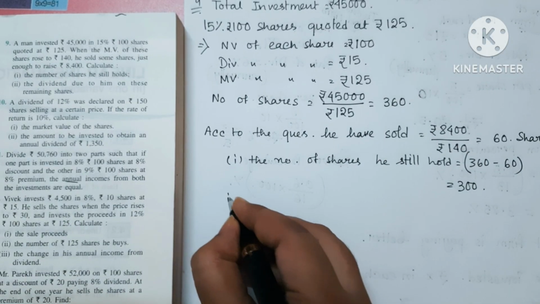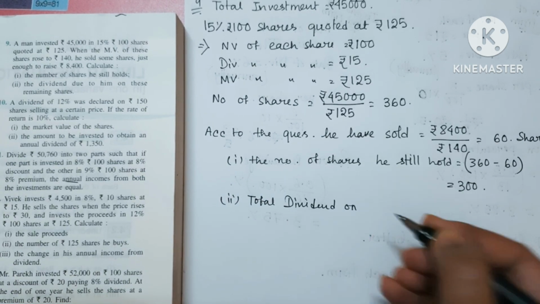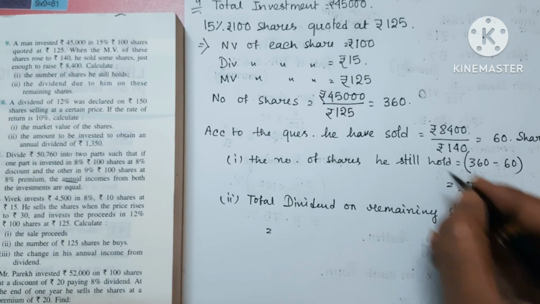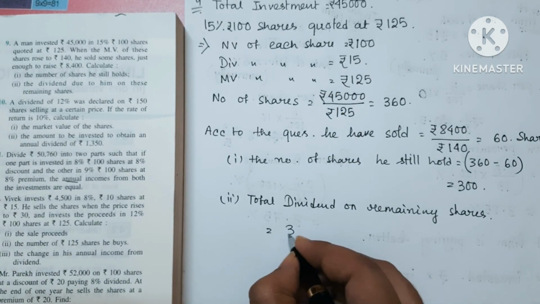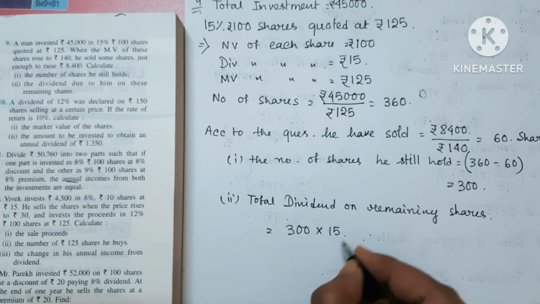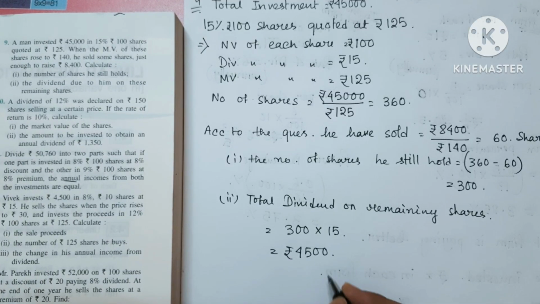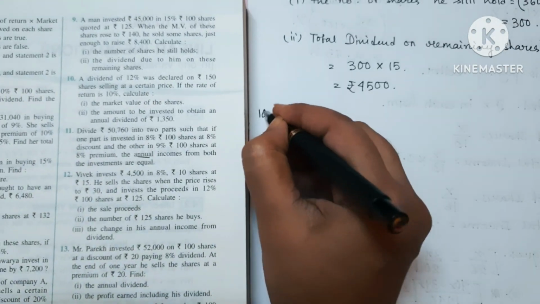The total dividend on the remaining shares will be equal to 300 into the dividend of each share, so 300 into 15. The answer will be 4500 rupees.